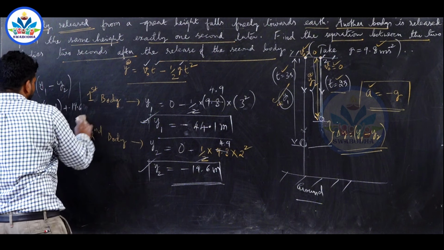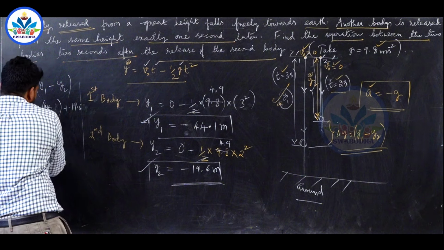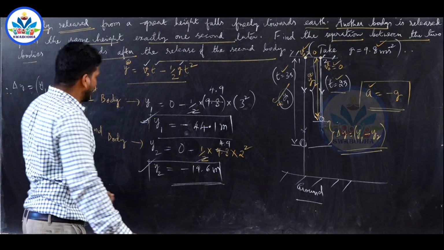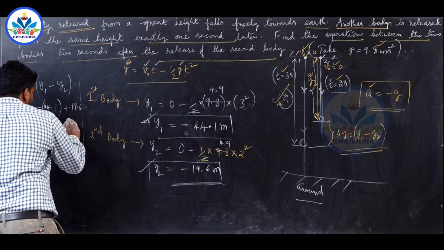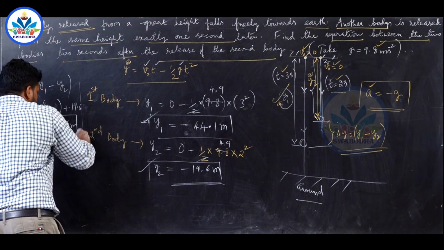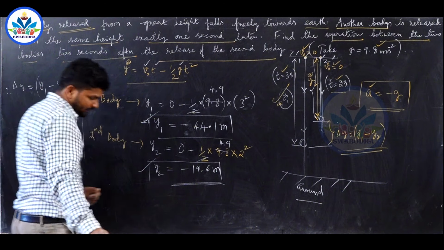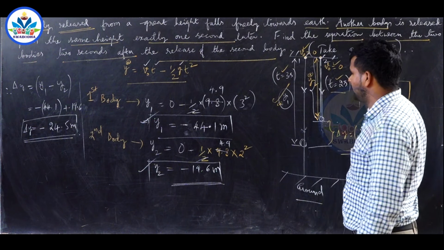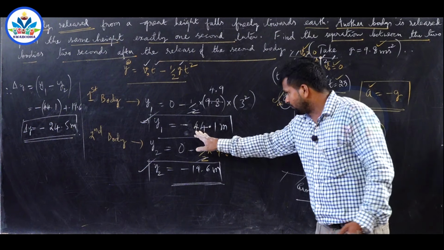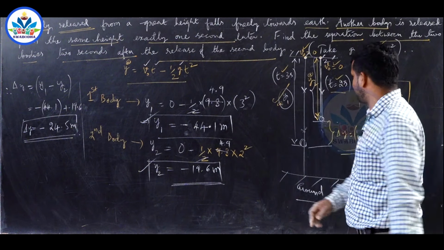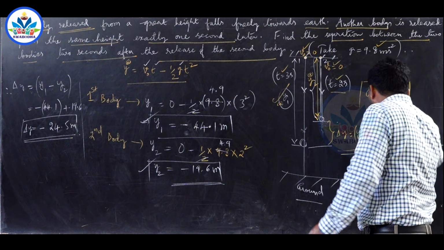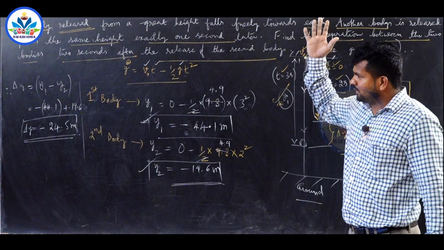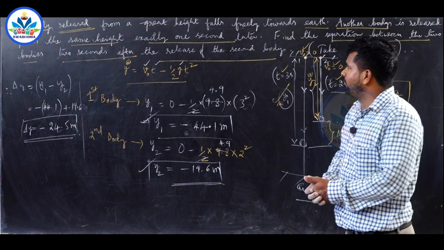You will get delta y, this displacement negative, 24.5 meter. The magnitude or the separation between them is 24.5 meter. Taking the magnitude, 44.1 minus 19.6, you will get 24.5 meter.